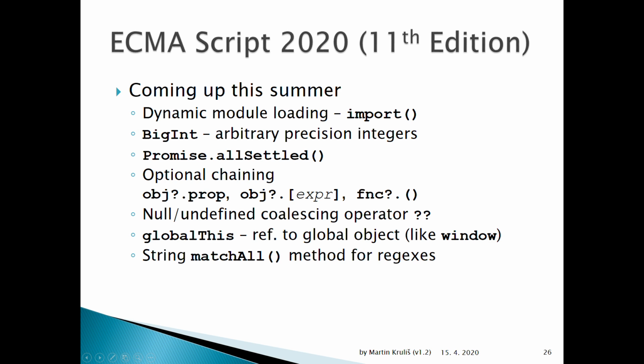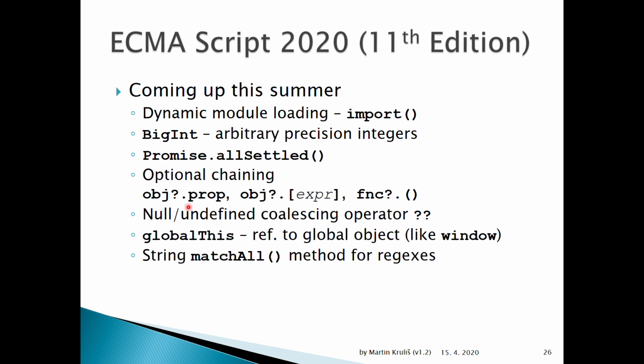There are also some, let's say, operators which allow null coalescing. So there is definitely the normal null coalescing operator. This is actually very similar to the null coalescing operator in PHP. The only difference here is that it takes both null and undefined value as the value which is being coalesced.